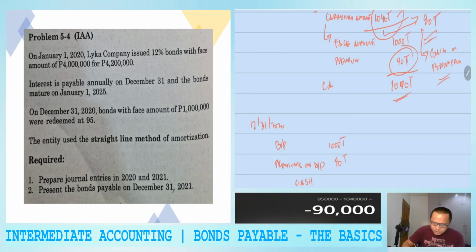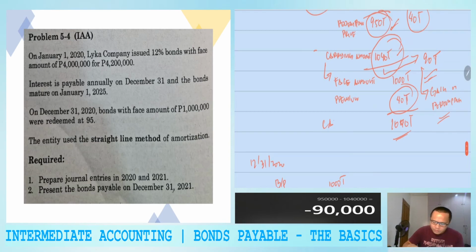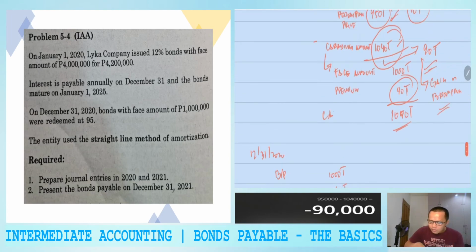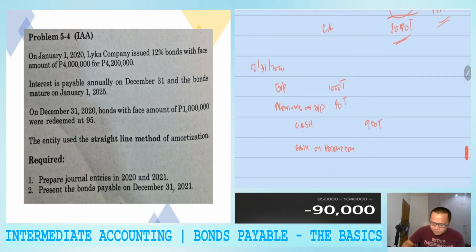Credit cash applicable to your redemption price of 950 and credit gain on redemption na 90,000. This is your entry on redemption.